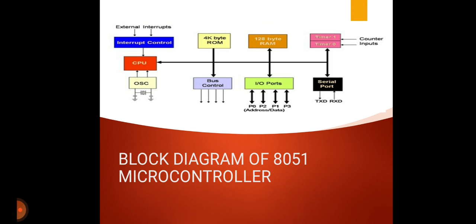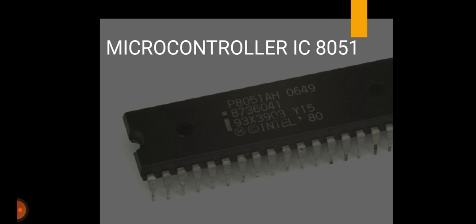Now this is the block diagram of the 8051 microcontroller. This diagram consists of interrupt control, CPU, oscillator, 4 KB ROM, bus control, 128 byte RAM, IO ports, timer 0, timer 1, counter ports, serial port, etc. This is the microcontroller IC 8051 which was developed by Intel.